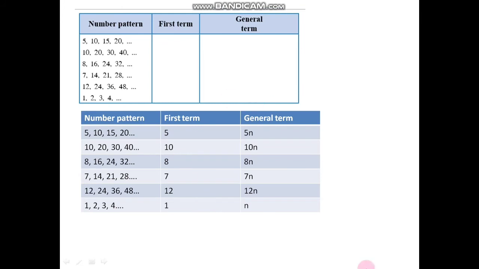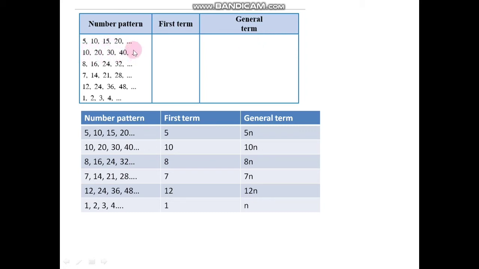Now we have a table to fill to find the first term and the general term. Keep your eyes off this table for a moment. The number pattern they have here is 5, 10, 15, 20. Obviously, this is multiples of 5, right? So the first term is 5 and the general term can be 5n.